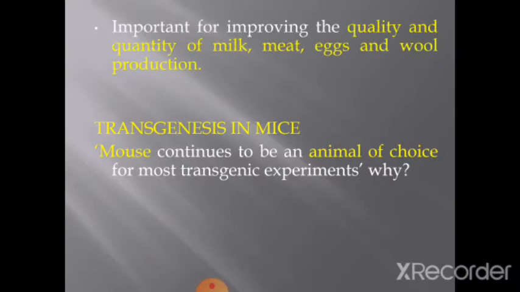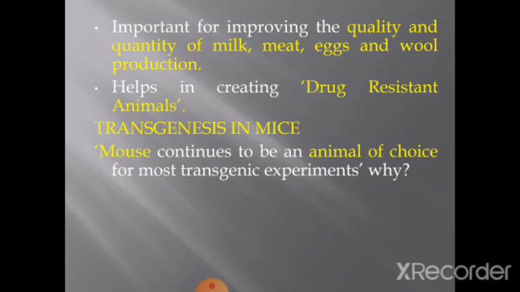Then transgenic animals are important for improving the quality and quantity of milk, meat, eggs and wool production that human beings normally use, which are of either food value or used for other purposes. It helps in creating drug-resistant animals. So these are the significance of transgenic animals.